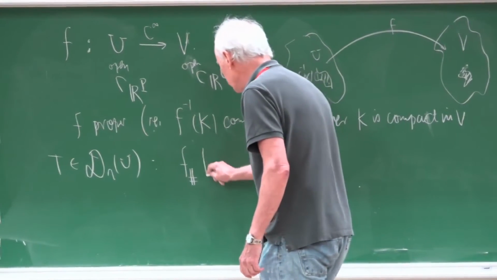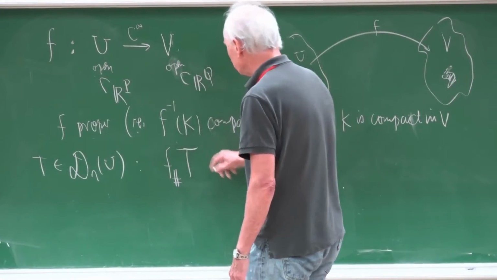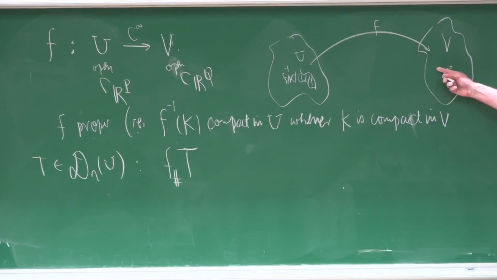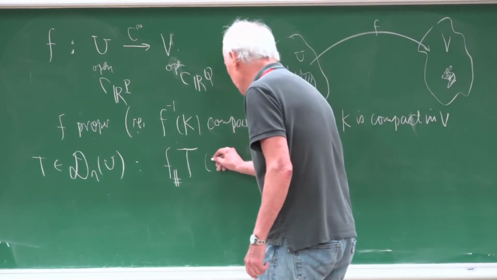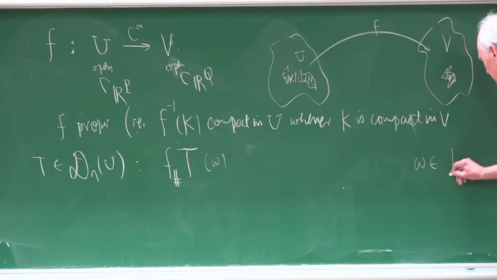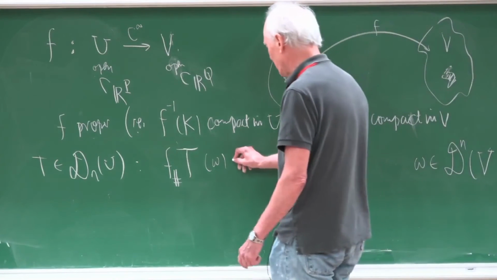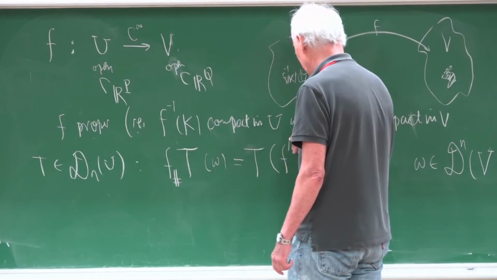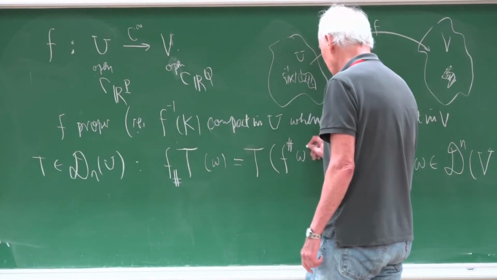So F sharp T. So I have to say what F sharp T does to a form over here. So omega is going to be a form with compact support in V. And of course the natural thing is simply to define that to be T of F sharp of omega.